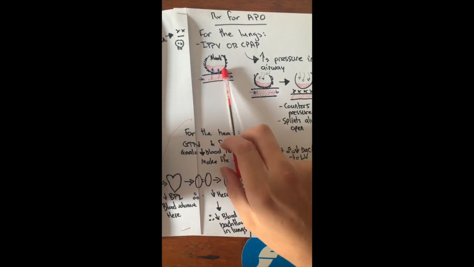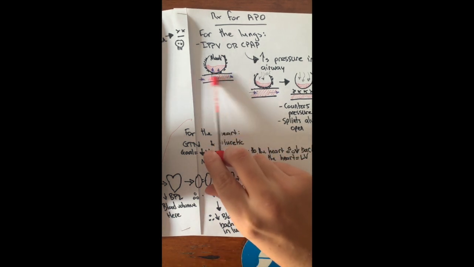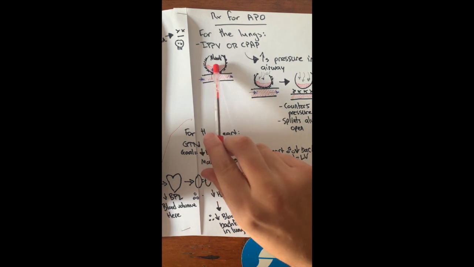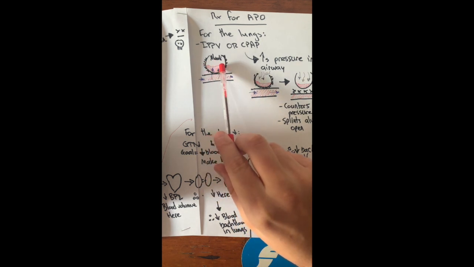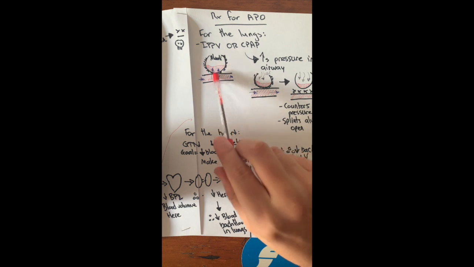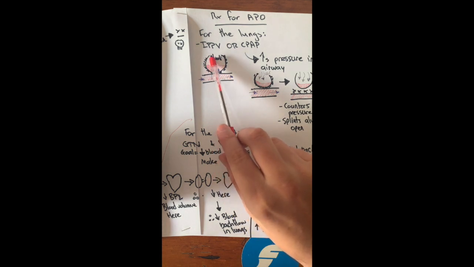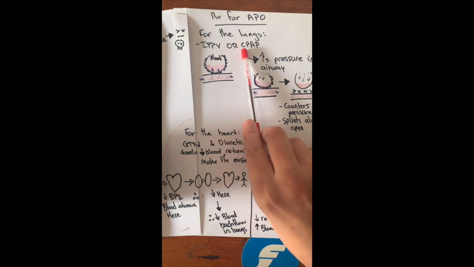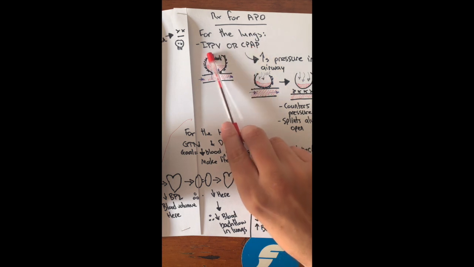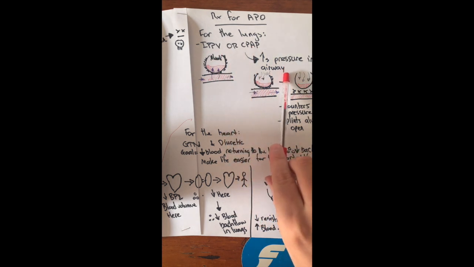So this is what's happening in APO. We have fluid: the door opening, the Hulk is open, the door, the adult can't close it, and with the door open, fluid goes into the alveoli and they're filling up. However, if we put CPAP or IPPV into these patients, we increase the air pressure in the airway.